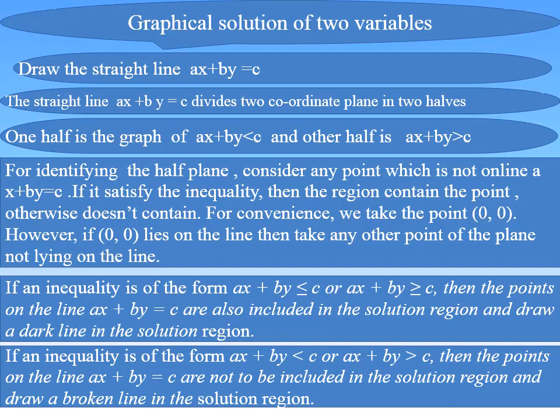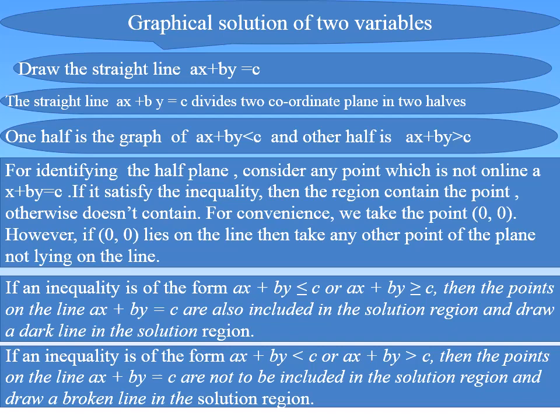Now graphical solution of two variables. First draw the line ax plus by equal to c. The straight line ax plus by equal to c divides the coordinate plane into two halves. One half is the graph of ax plus by less than c, and the other half is ax plus by greater than c.